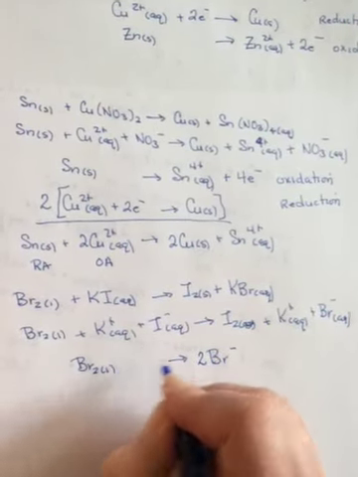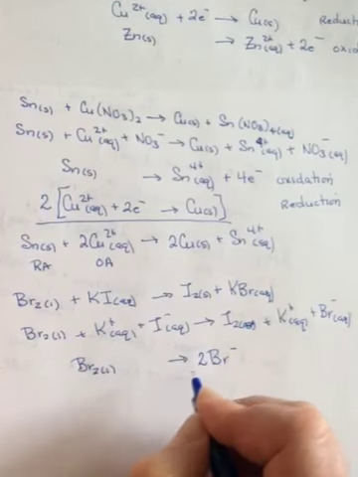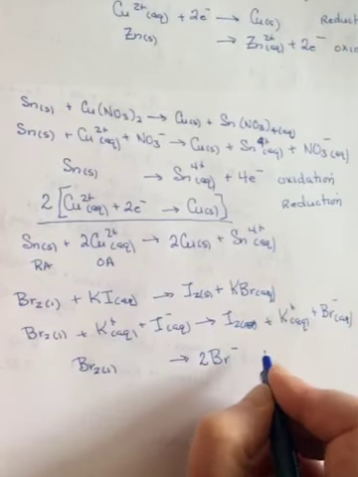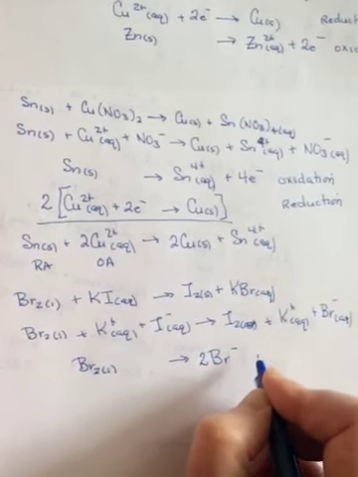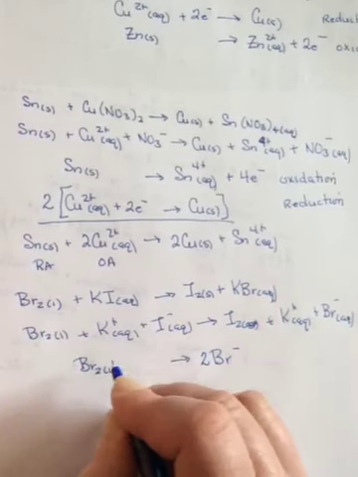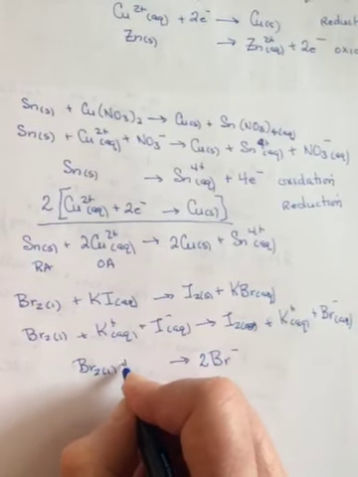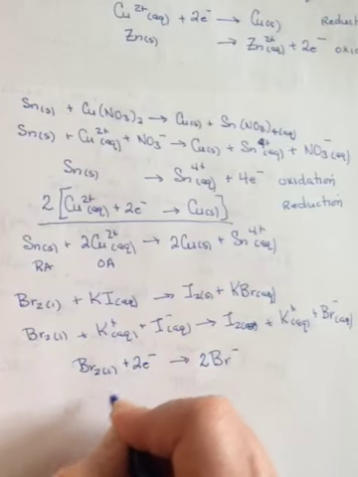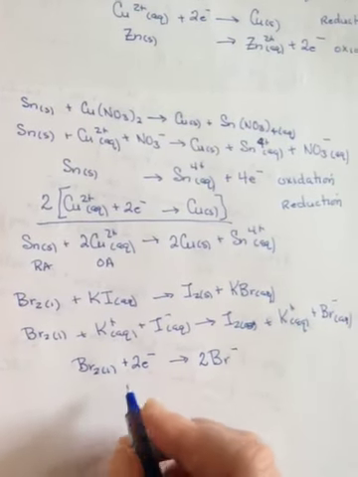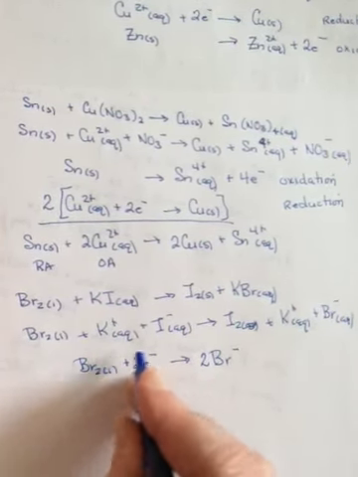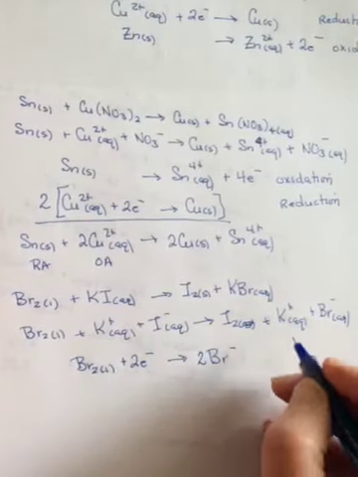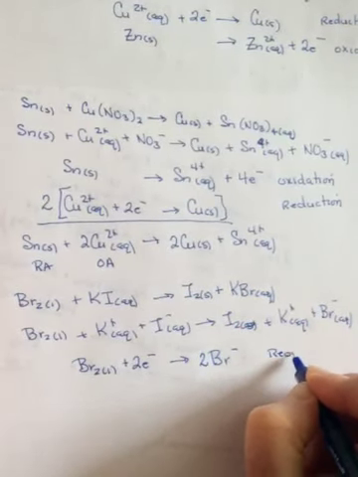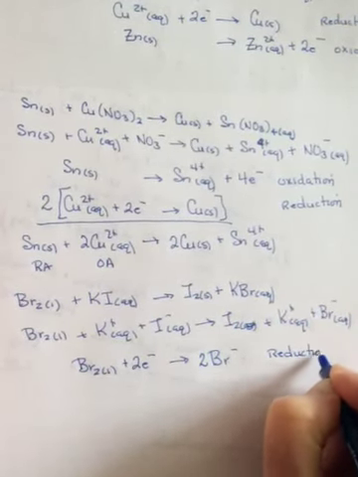How many electrons do I need to add in to balance it? 2. Which side? I can't add them on the product side this time, because then I'll have 4 negative over here and 0 over here. Have to add them on the reactant side. This one then is gaining electrons, so this is going to be my reduction half reaction.